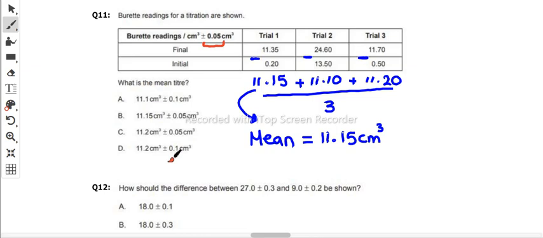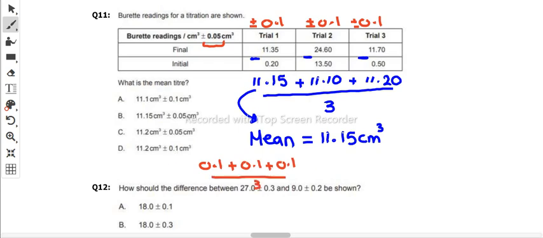So for each value given after subtracting, the volume of titrant used, it will be plus minus 0.1, since we're going to add both uncertainties. So plus minus 0.1 for each one. If we want to calculate the average, another time we're going to take 0.1 plus 0.1 plus 0.1, and we're going to divide over 3. Definitely the final answer will be plus minus 0.1.